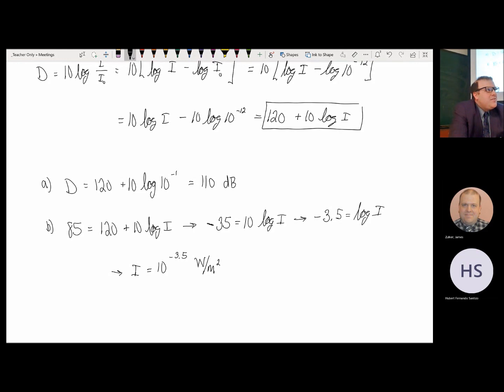Subtract the 120, you get 0 equals 10 log I. So I would be 10 to the what power? The exponent would become 0, wouldn't it? Oh, so I would be 1. I would just be 1 watt per square meter. 10 to the 0. Okay, thanks.